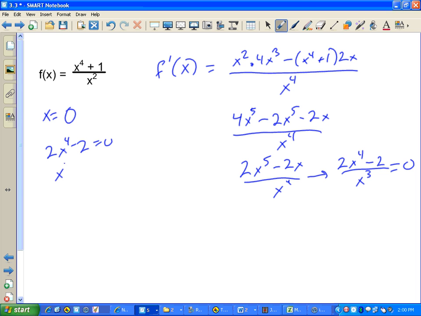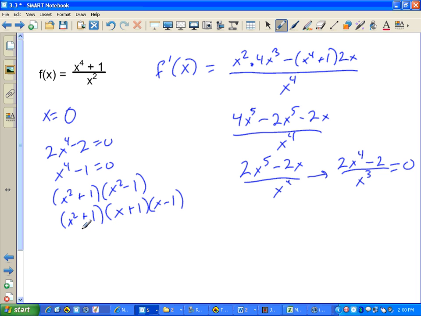I can divide by 2. This is factorable. This is a difference of squares. So this is going to be x squared plus 1, x squared minus 1. Okay, this factors again into x plus 1, x minus 1.